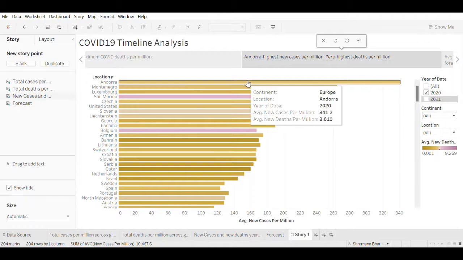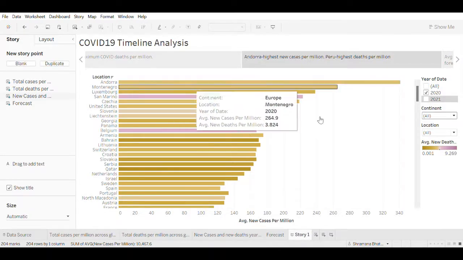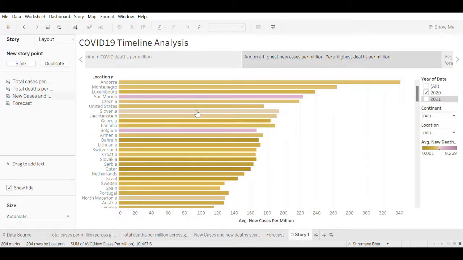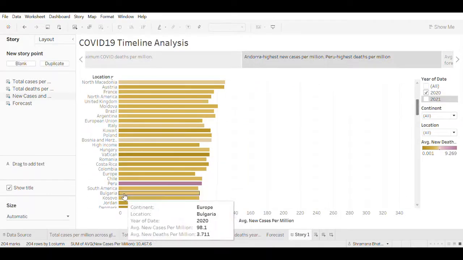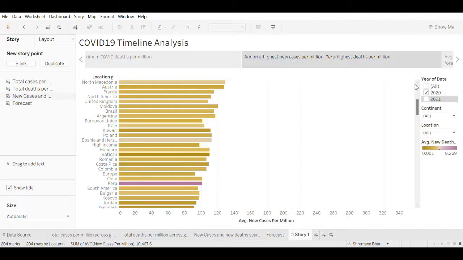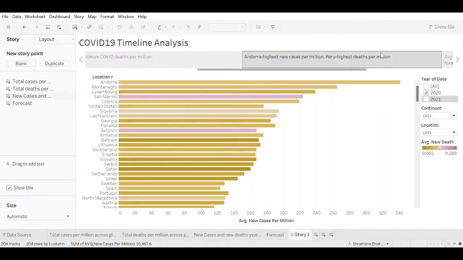Here the difference is that it's not showing the total cases but the new cases for 2020. Highest average new cases for 2020 is Andorra, and the darkest shade of purple will show the highest average new deaths in 2020. I think that's somewhere here. See, Peru. That is for 2020, and this is deaths per million.